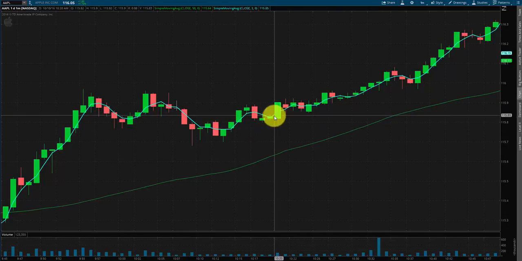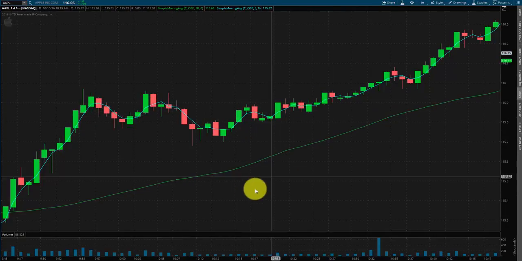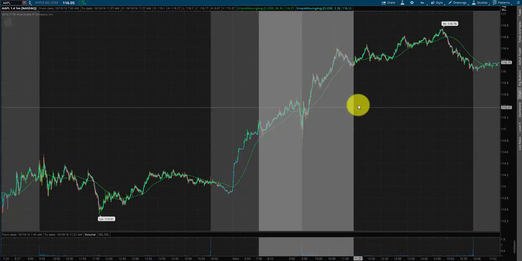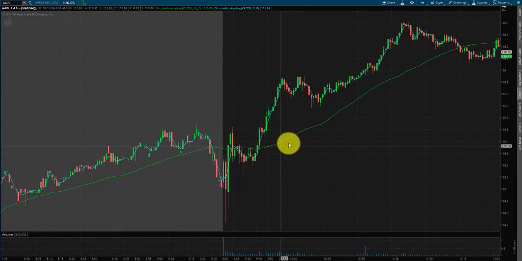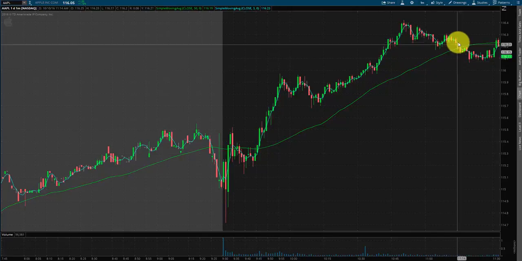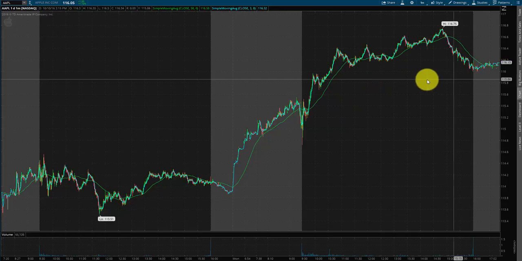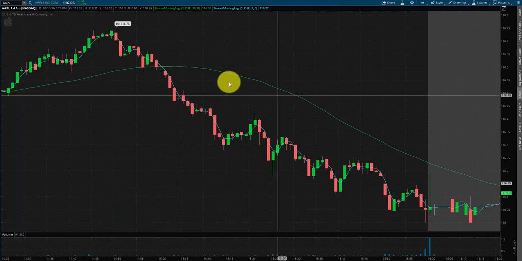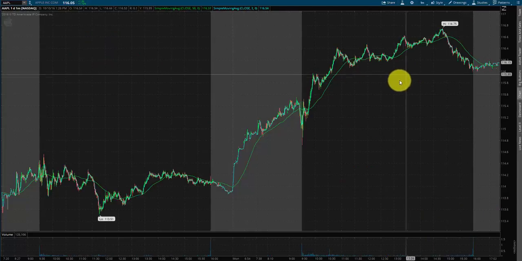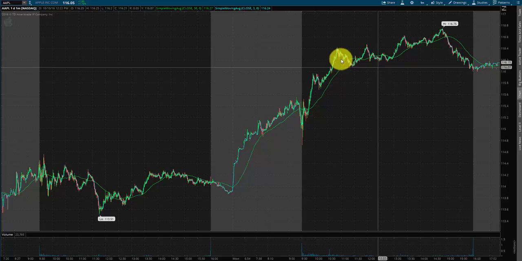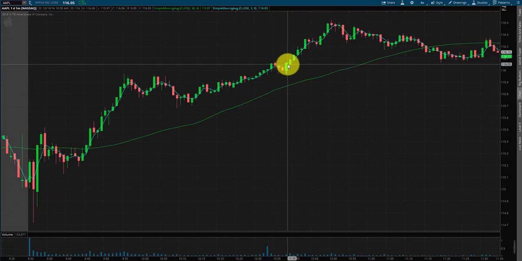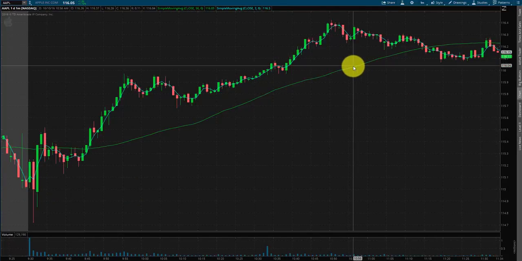It's choppy, not a clean-cut buy or sell signal, whereas the 50 is just smooth. It tells you exactly where the trend is and where the stock is heading, and even though it takes a little bit longer to react, it keeps you from getting scared out of a stock and helps you read the trend. That's the difference between a smaller length moving average and a much larger length moving average.